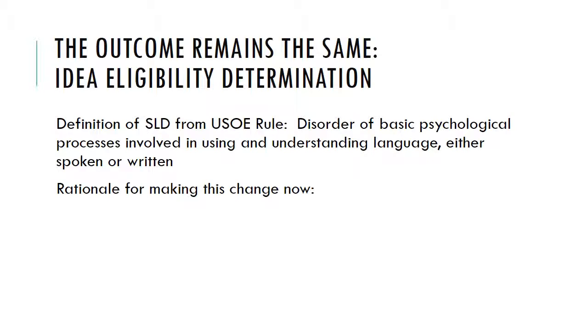In the end, the outcome remains the same. We're working toward IDEA eligibility determination. The Pattern of Strengths and Weaknesses model does a better job of meeting the definition from the Utah State Office of Education rule, which says that specific learning disability is a disorder of a basic psychological process involved in using and understanding language, either spoken or written.